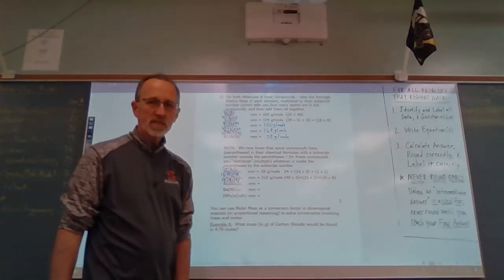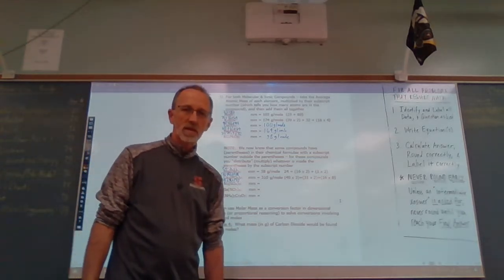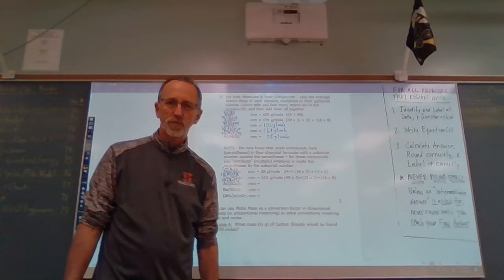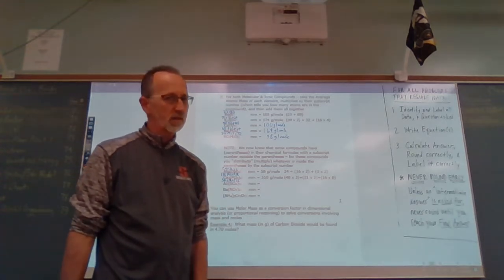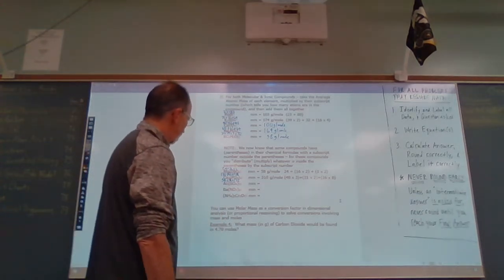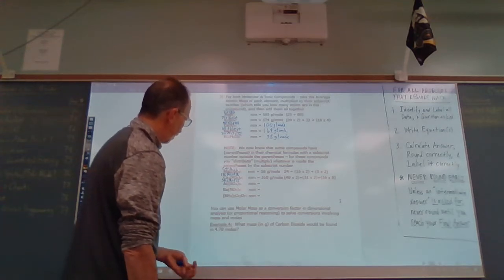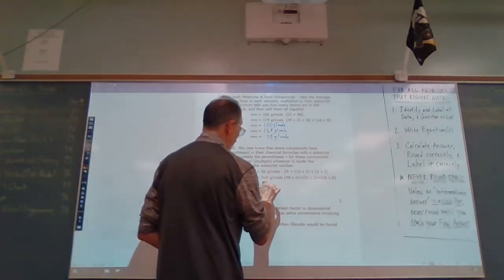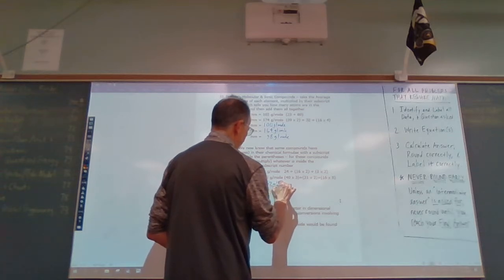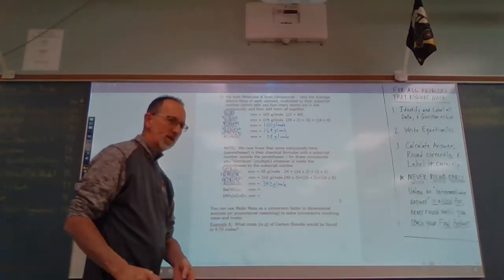Boy, it helps to know the times tables. When did I learn those? I don't know, 3rd or 4th grade, I think. Still comes in handy. So 54, 96, 150, 342 grams per mole for aluminum sulfate.